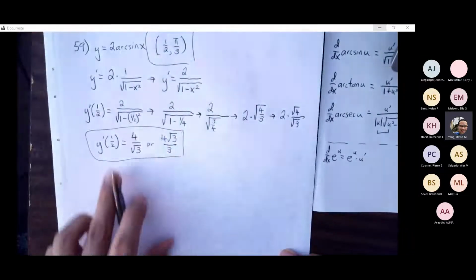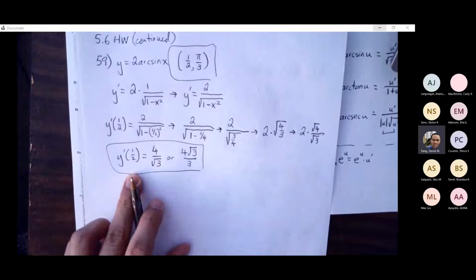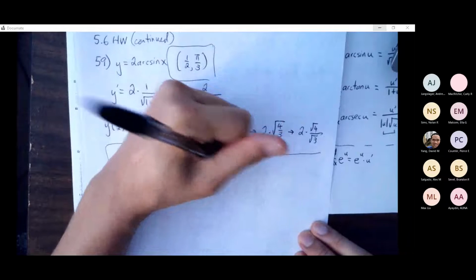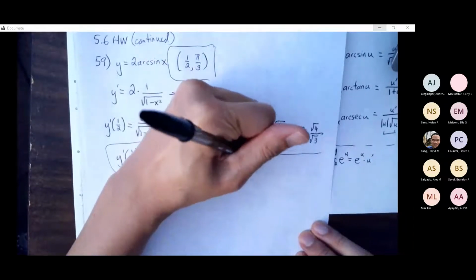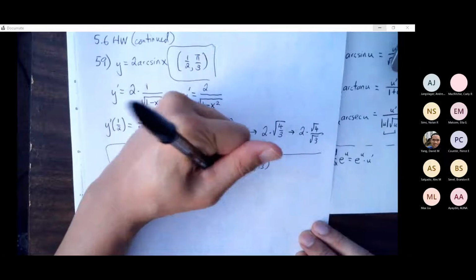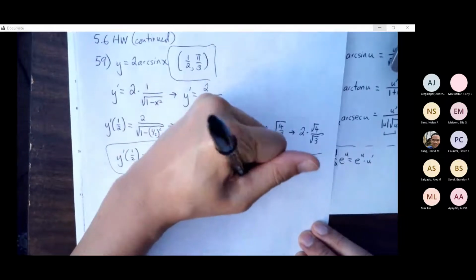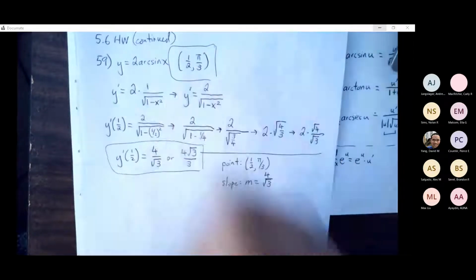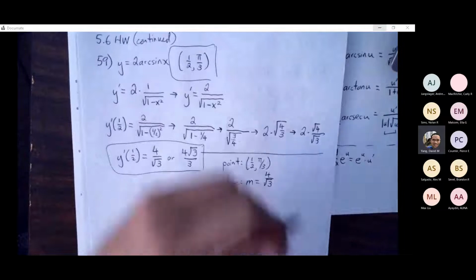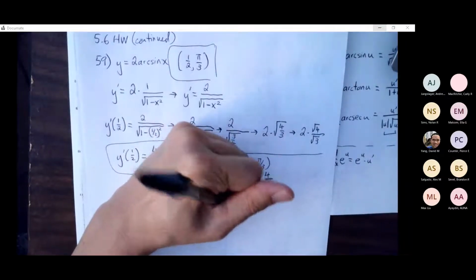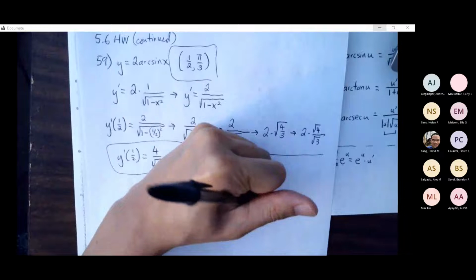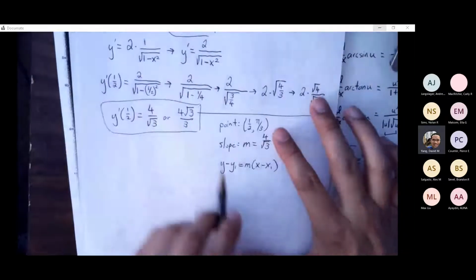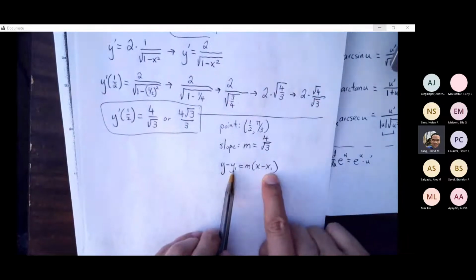I have my slope. I have my ordered pair. Now I can do point slope form. So 1/2, pi over 3 gets inserted into the x1, y1.